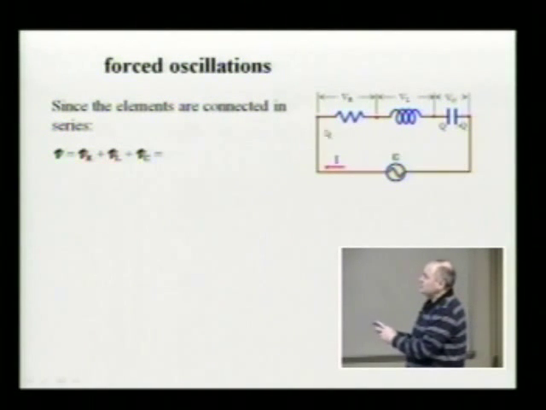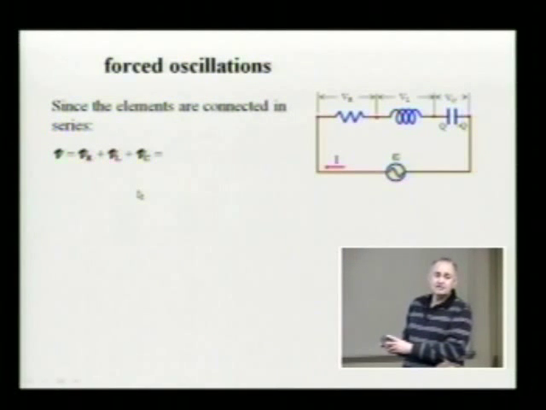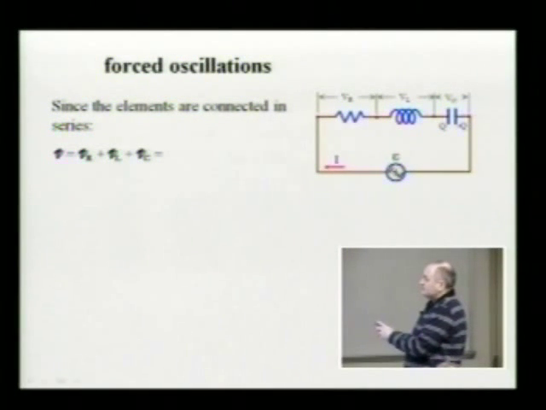I really use the loop rule. In principle, I would have plus on this side and minus on this side. So I could write down that 0 equals the sum of potential differences across all four elements, and because this is given, I move it to the other side.